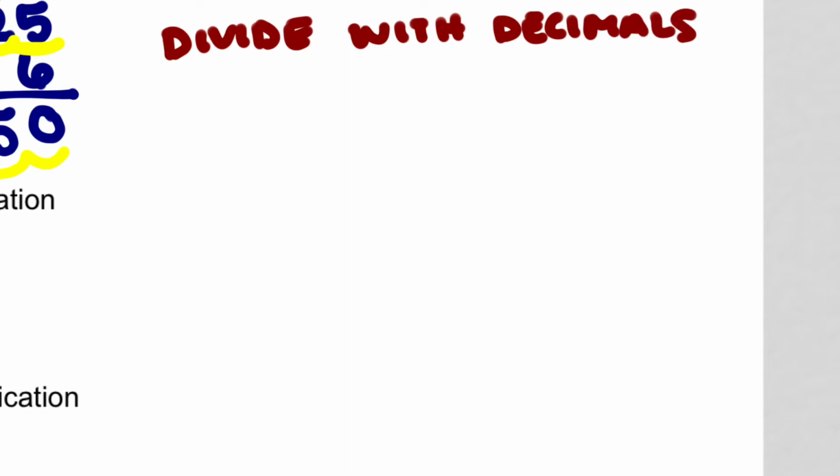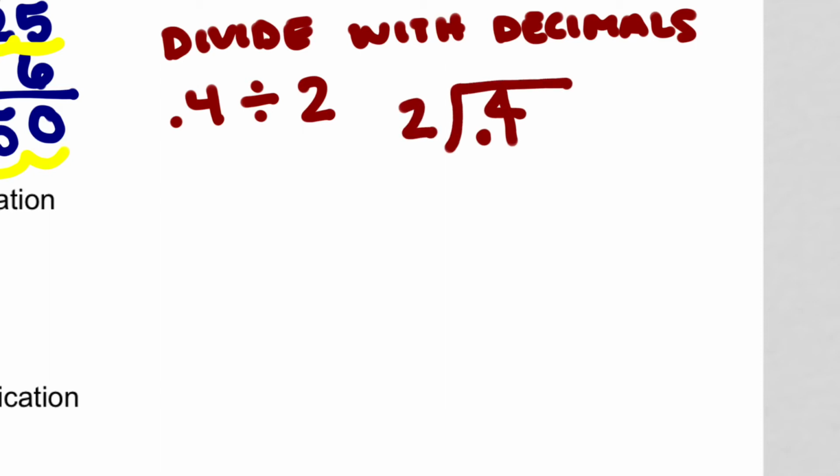So let's say I had 0.4 and I want to divide that by 2. Well, I've got 0.4 divided by 2. Wherever my decimal is down here underneath, I need it to be in the top. And then 2 just goes into 4 2 times. So my answer to that is 0.2.